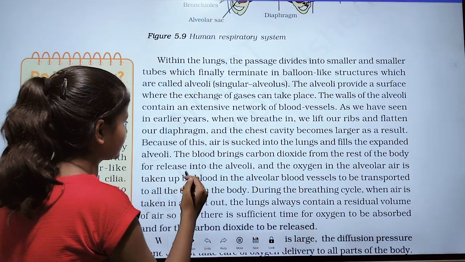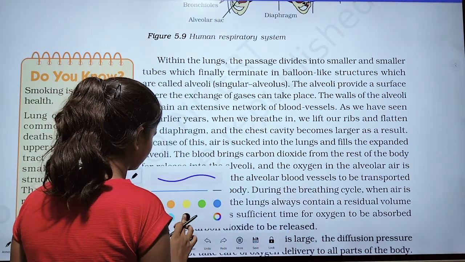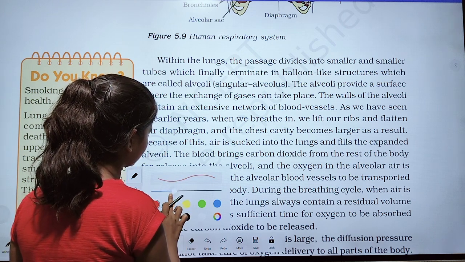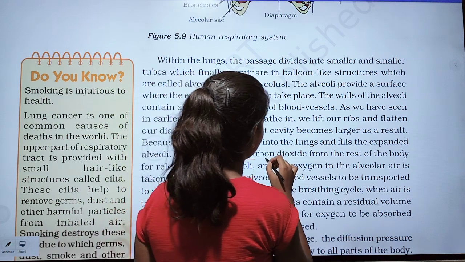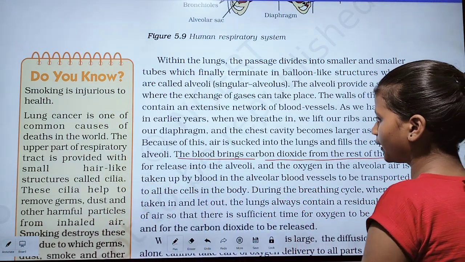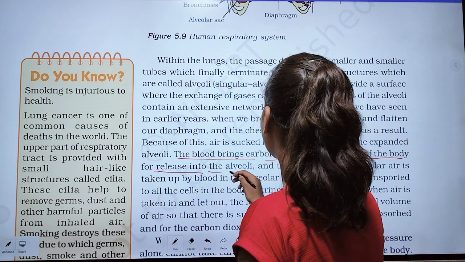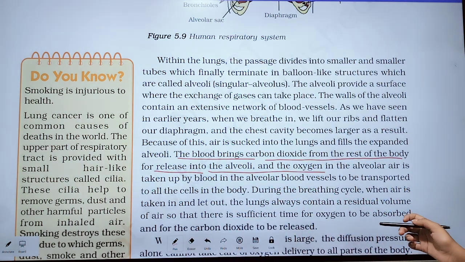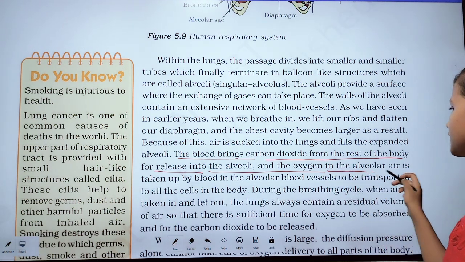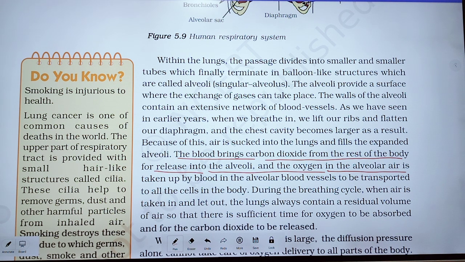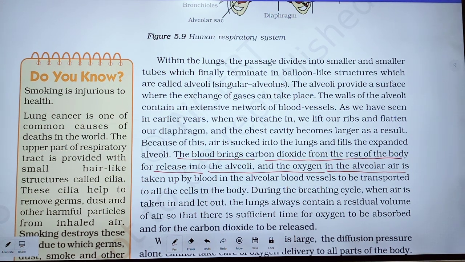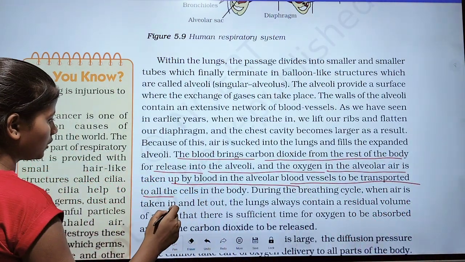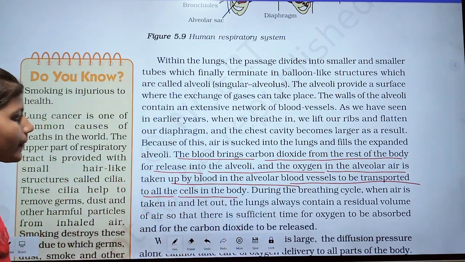The blood brings carbon dioxide from the rest of the body parts for release into the alveoli, and the oxygen in the alveolar air is taken up by blood in the alveolar blood vessel to be transported to all cells in the body.